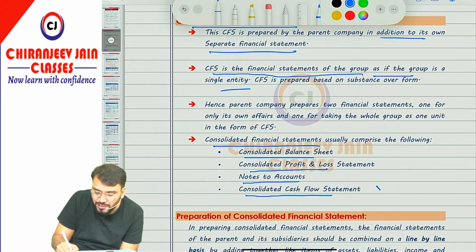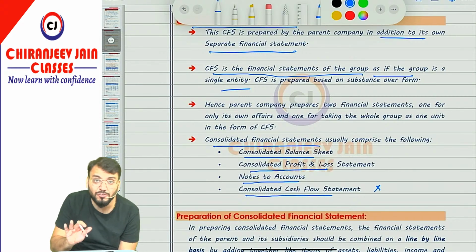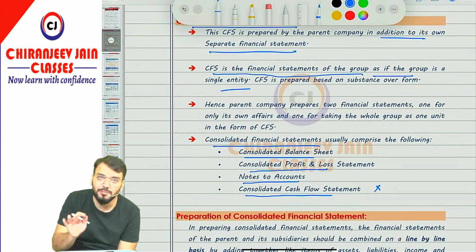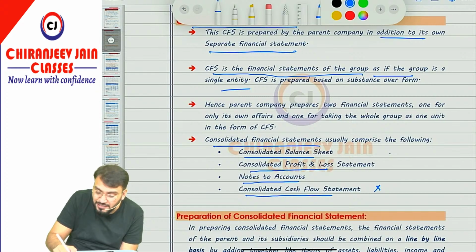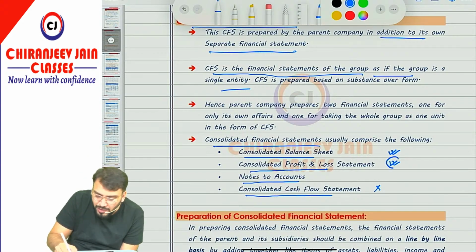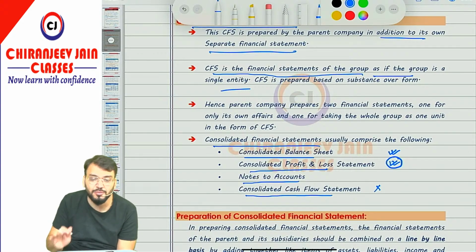However, the consolidated cash flow statement is not in our syllabus. In this chapter we'll discuss the consolidated balance sheet and consolidated SOPL also. We'll take one question for SOPL. It is also important from examination point of view.